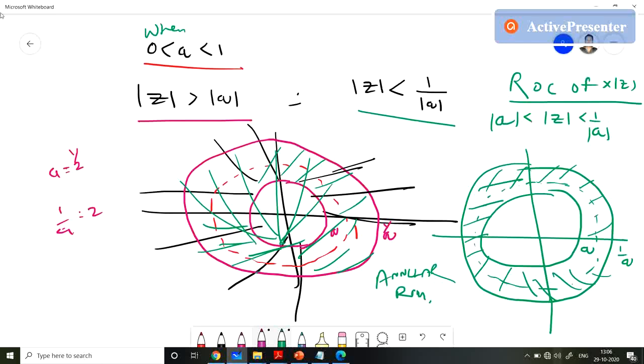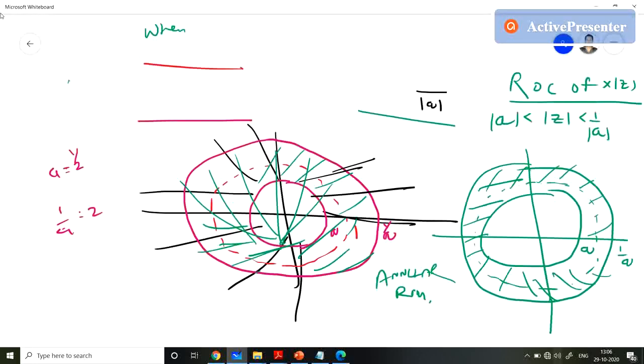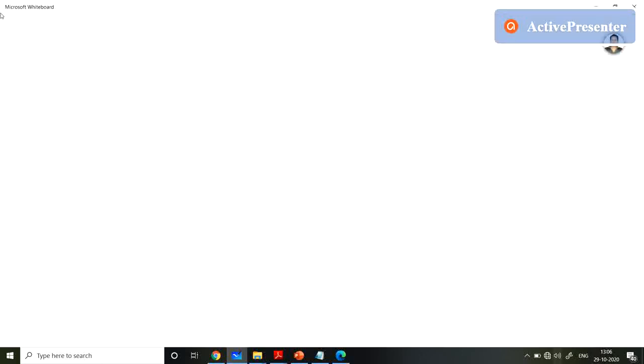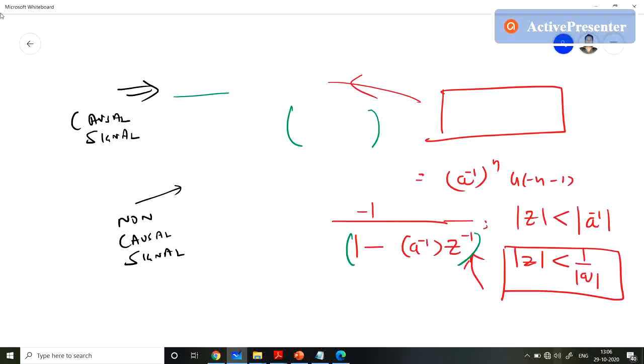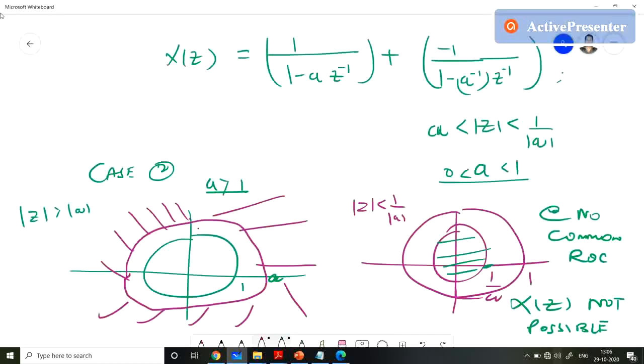Now if we see the other case, that is when we have a greater than 1, we are not getting any common ROC. Here we have modulus of z greater than modulus of a.